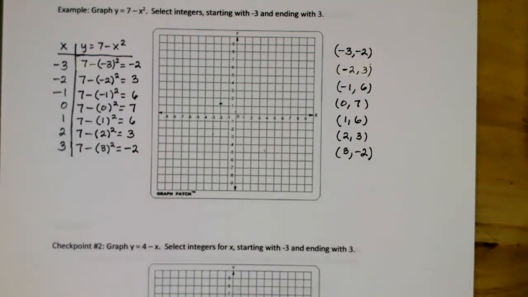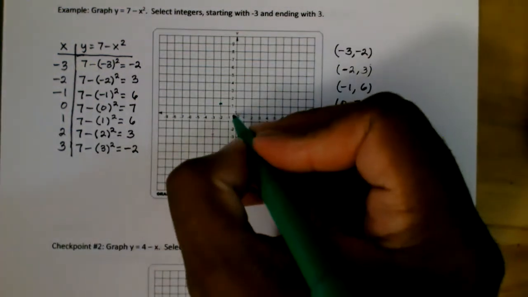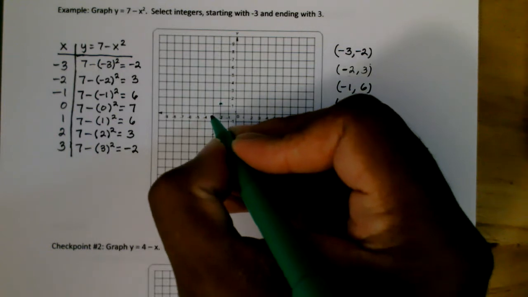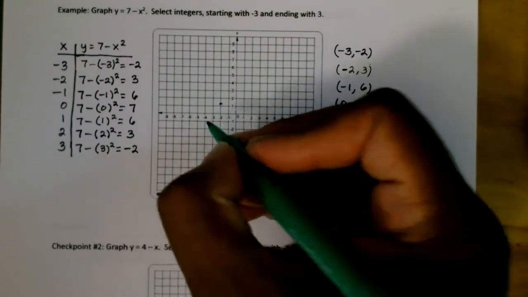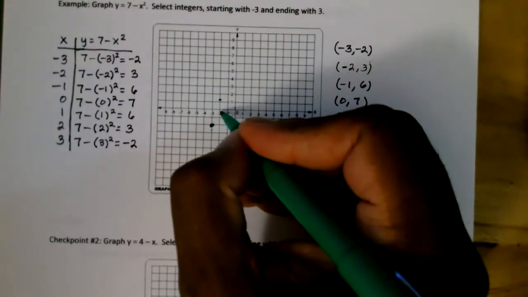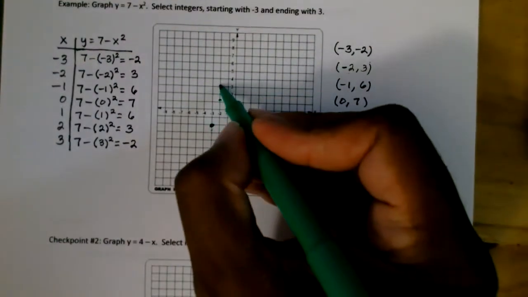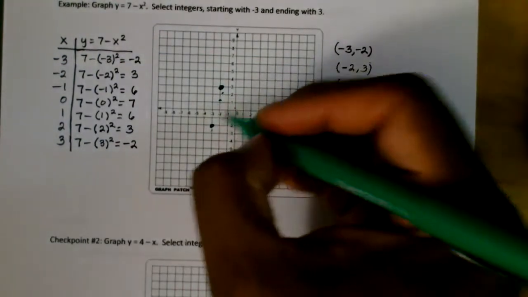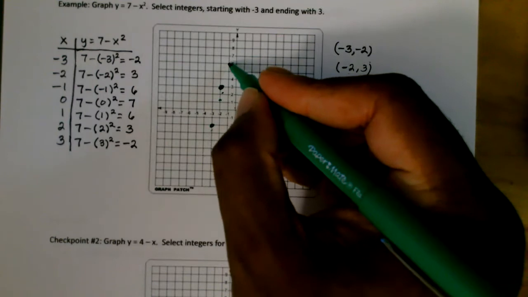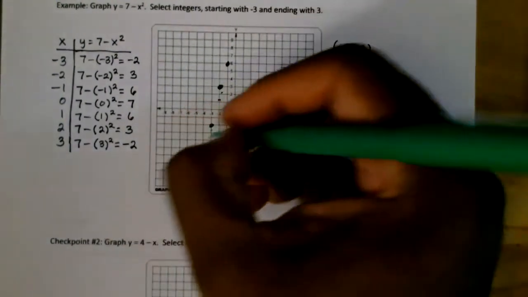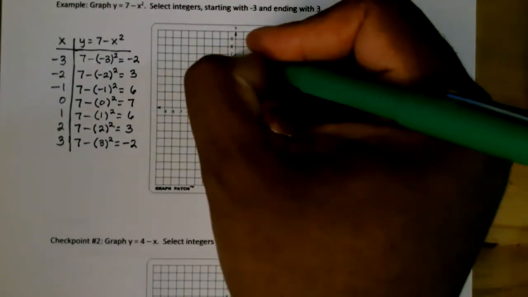So in this case here, negative 3, negative 2 will be to the left 3 and down 2. And then negative 2, 3 would be to the left 2 and up 3. And then negative 1, 6 would be to the left 1 and up 6. 0, 7 would be at 0, but you're going to be up 7.